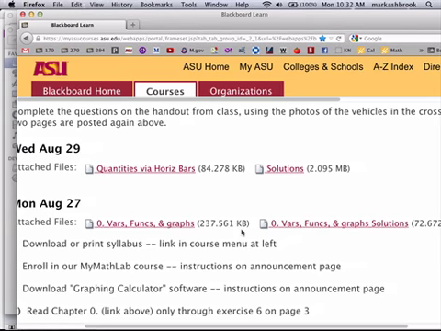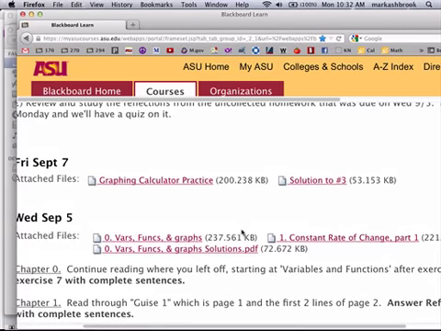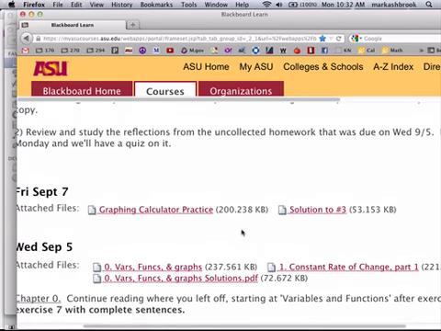Where you got the assignment, now there's a version that's the solution. Okay? So that's going to help you with your studying. To get the solution for a particular homework, it's right by where you got the homework sheet.